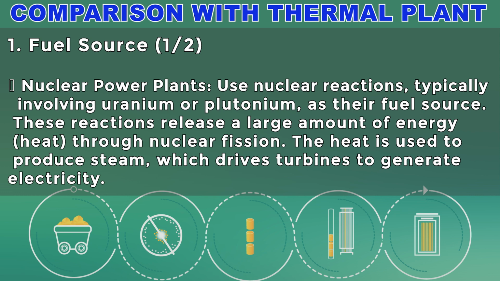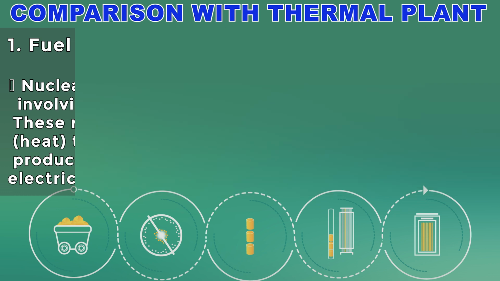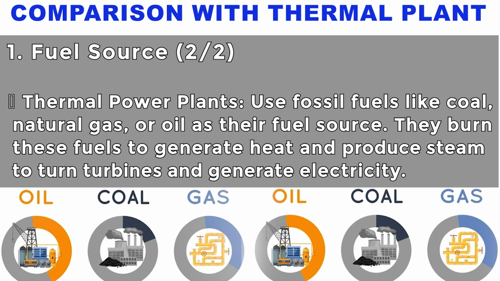The heat is used to produce steam, which drives turbines to generate electricity. Thermal power plants primarily use fossil fuels like coal, natural gas or oil as their fuel source. They burn these fuels to generate heat and produce steam to turn turbines and generate electricity.